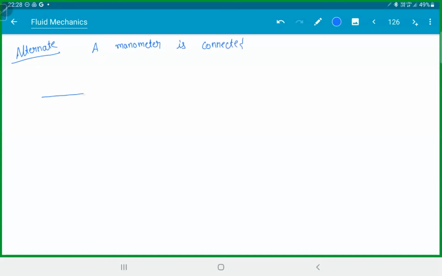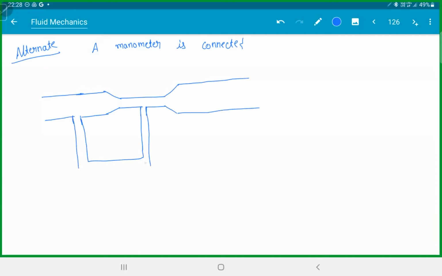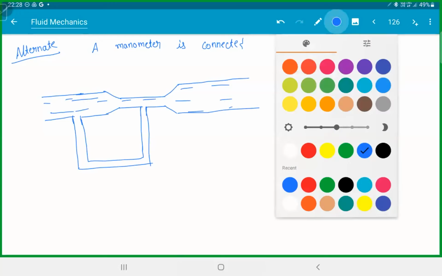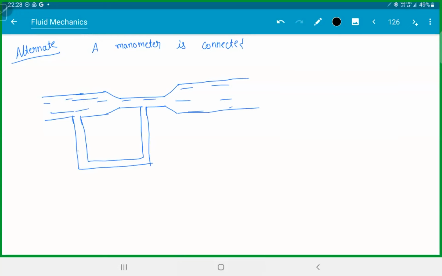In this, the venturimeter looks like this. In this case, there are no openings here. These two are connected together. So here the liquid is flowing. Here we use mercury. So we have two different liquids here, the mercury and the liquid here.